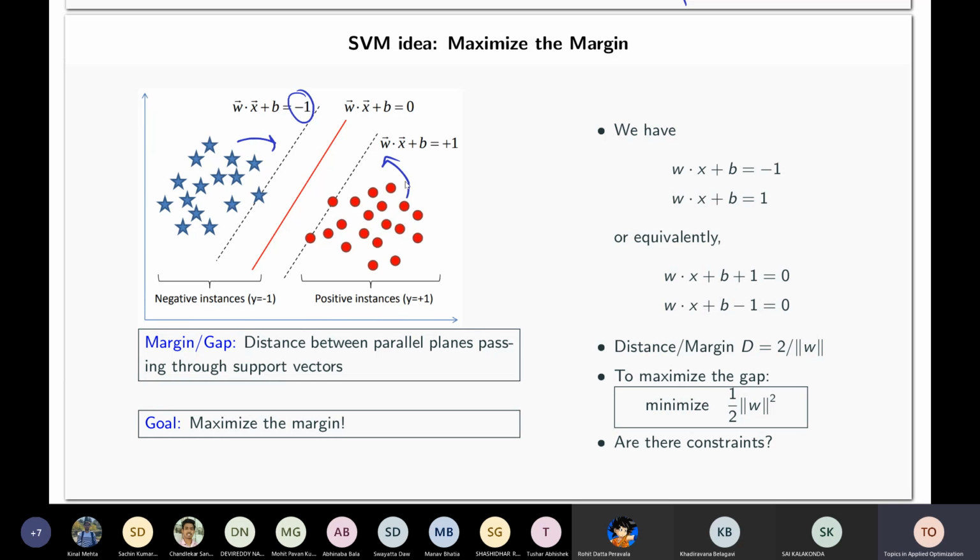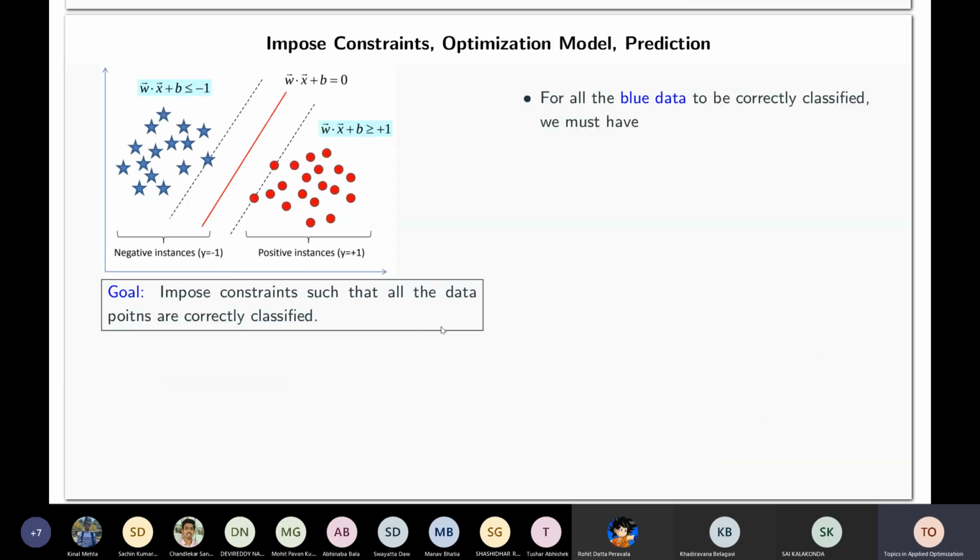So those are actually constraints of your optimization model. If you don't put them, you will get an error, because that is the definition of the supporting hyperplane, and no point should be on the wrong side. So those will form the constraints.